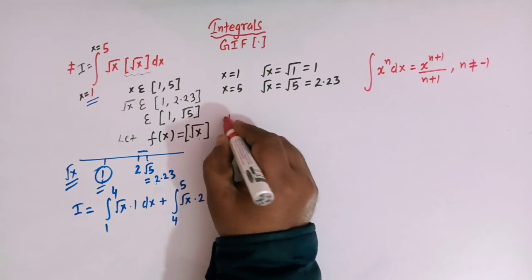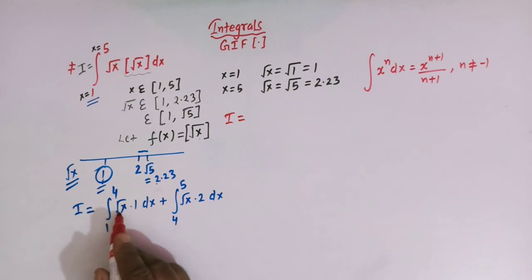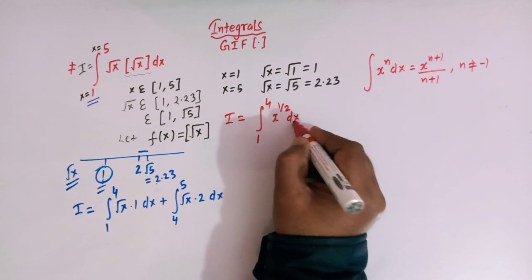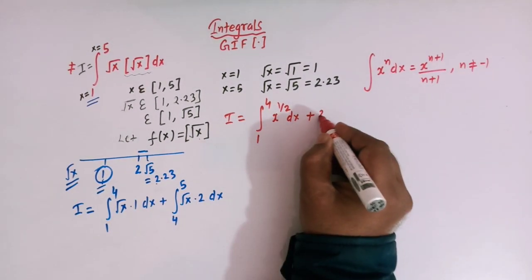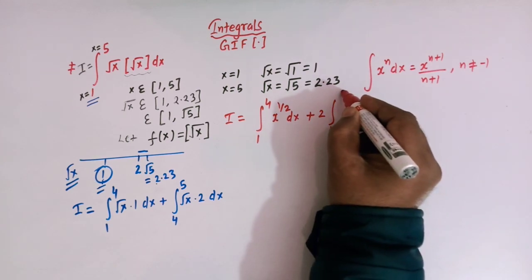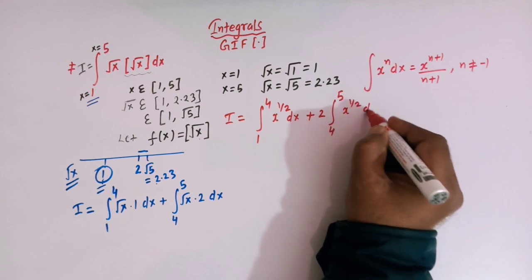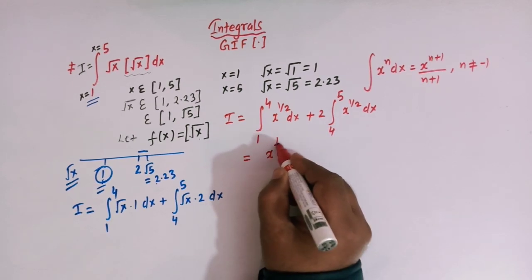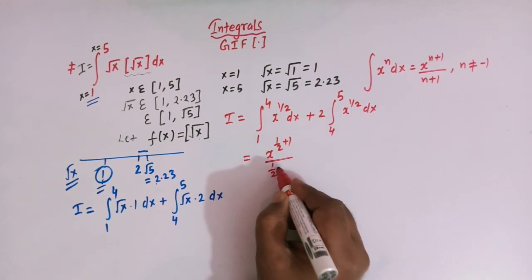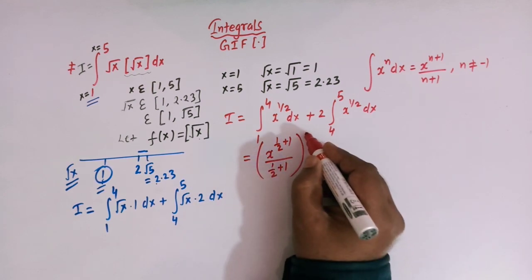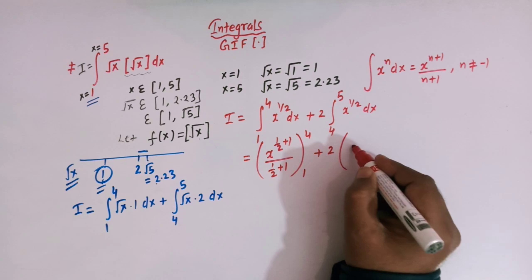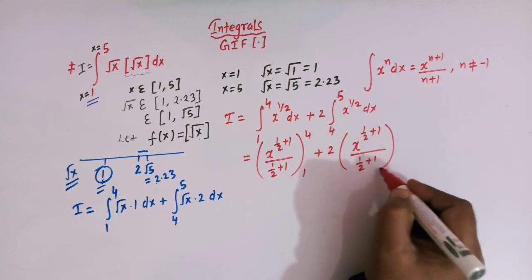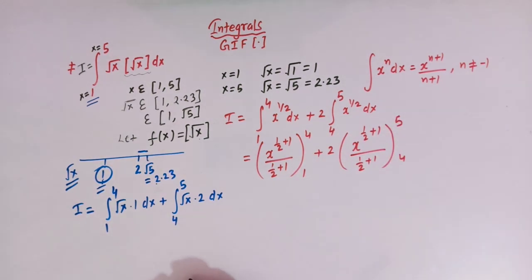So now we can write I is equal to the integral of square root of x, which can be written as x raised to half, dx, and here we can take 2 outside the integral being a constant, so we have x raised to half dx, right? So now the integral of x raised to half is x raised to half plus 1 over half plus 1, limits are from 1 to 4, and here we have 2 times x raised to half plus 1 over half plus 1, and limits are from 4 to 5, right?